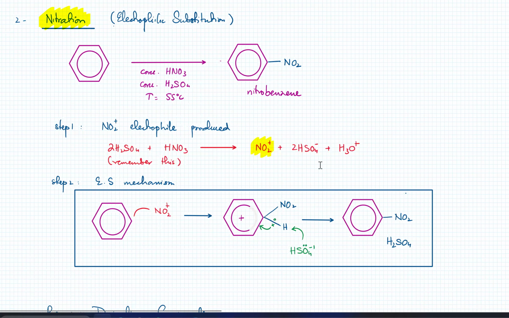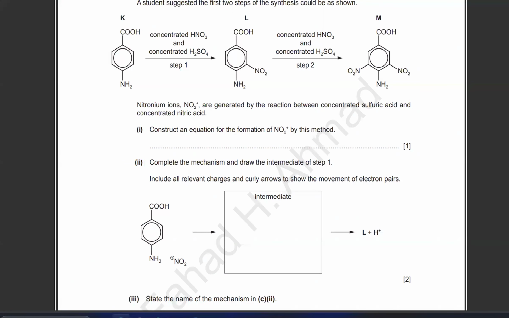So you need to remember the equation. And then the NO2 plus 1 would attack the benzene and you would have the reaction. So it's 2 sulfuric acid and 1 nitric acid. And together they're going to form NO2 plus 1 and 2 HSO4 minus 1 and a hydronium ion, which is H3O plus 1. Okay, that's going to get formed as well.